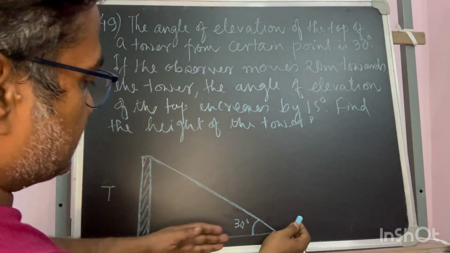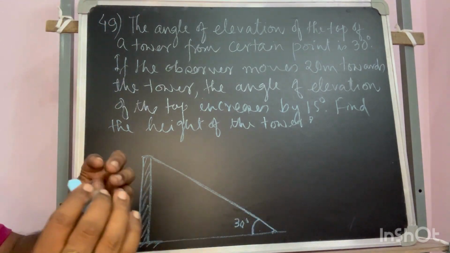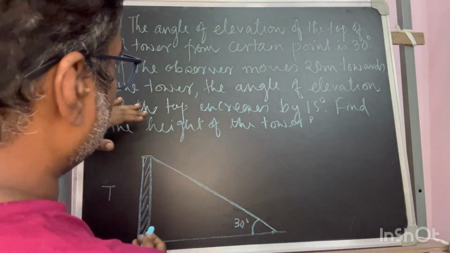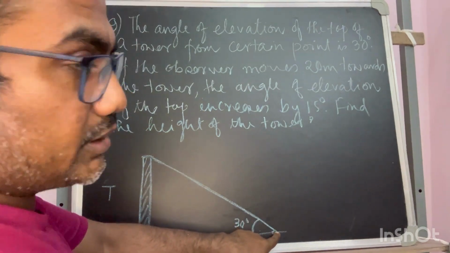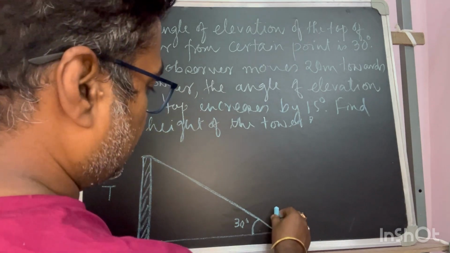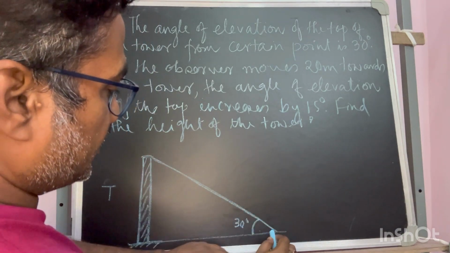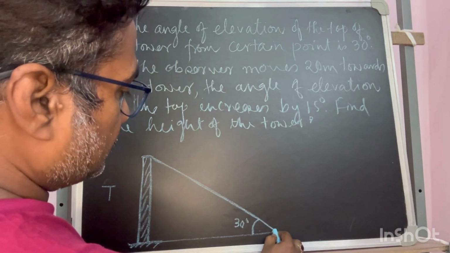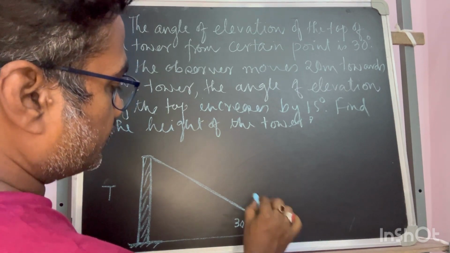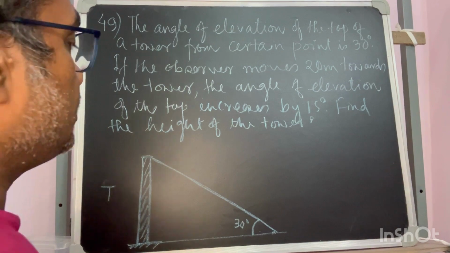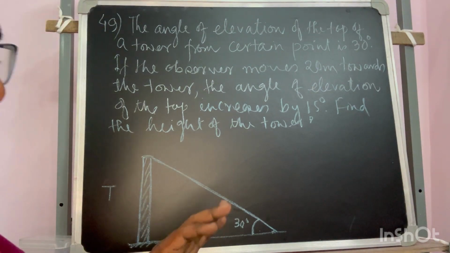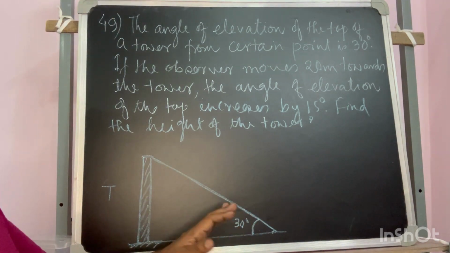As we are assuming the observer is very tiny with respect to the tower height, we can consider him a point. We are not considering any height of the observer, so I can nullify it and consider that he is a point on the ground. These are the legitimate assumptions that can be made to solve this problem.